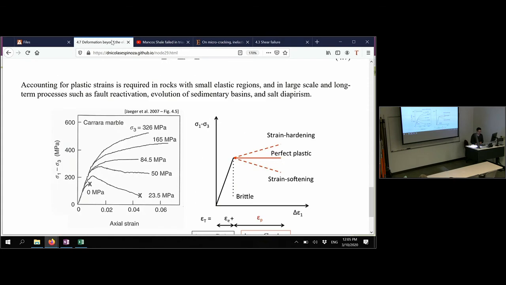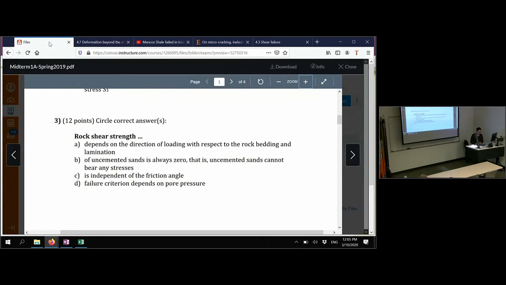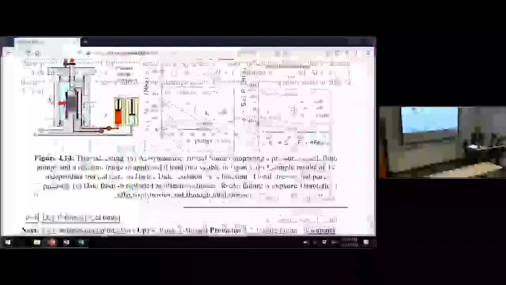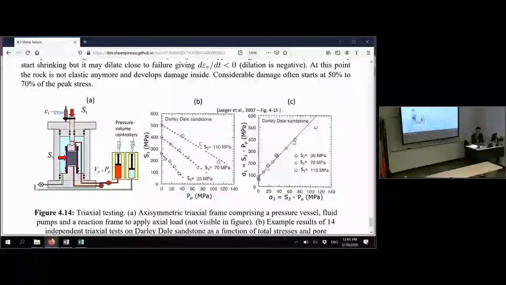Let me finish with this one. Shear strength is independent of friction angle, no. Shear strength failure criterion depends on pore pressure? I will say no, because in the last exercise in here we see that it doesn't really matter what the pore pressure is.